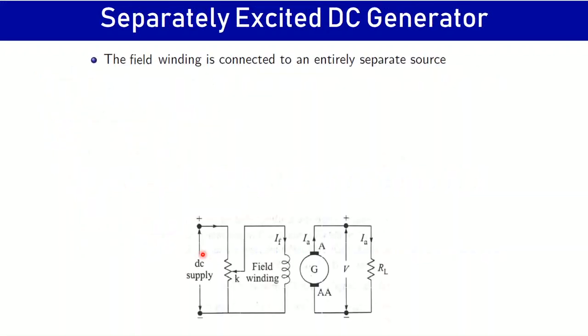So in a separately excited DC generator, what we do is the field winding is directly connected to a DC supply which is separately available, and you give mechanical power to the armature and you obtain a voltage which is now fed to the load.